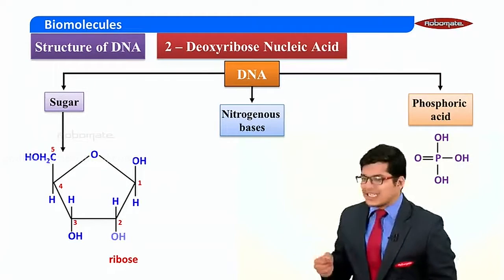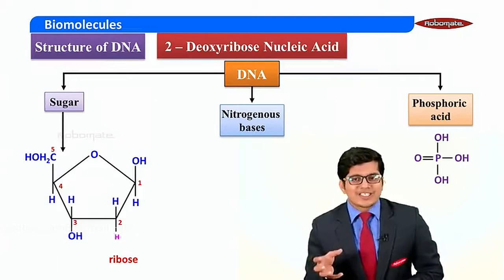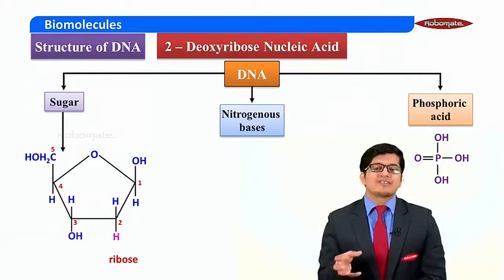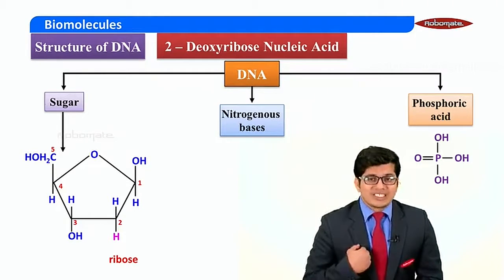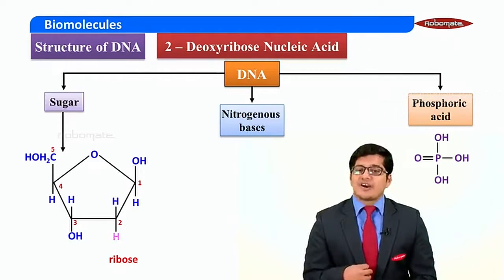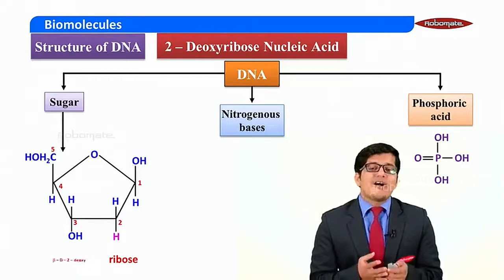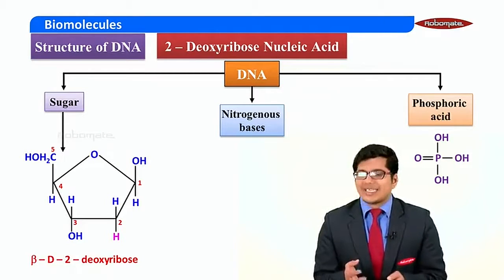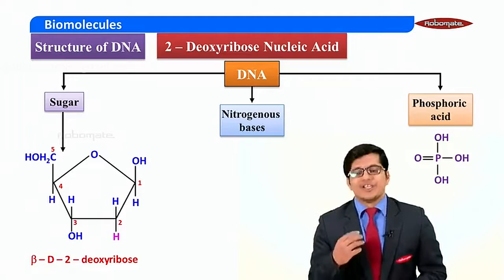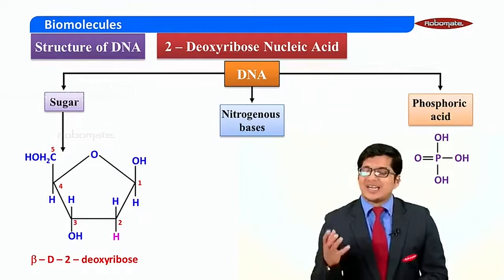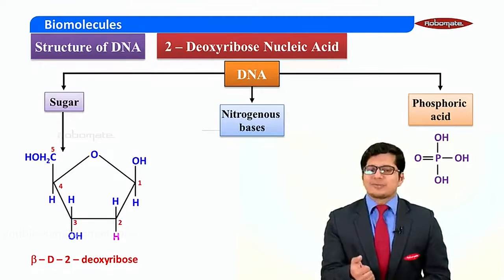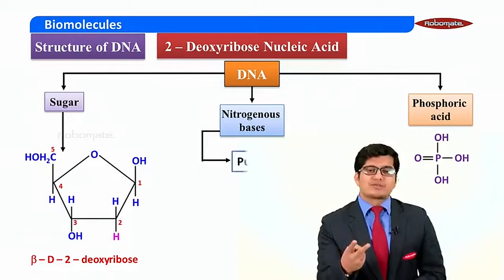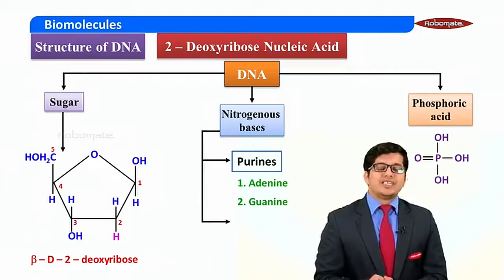So here we can see the second carbon's OH is removed and there is only H remaining now. So we have a sugar called deoxyribose, and what is it? It is 2-deoxyribose. So we have a sugar called beta-D-2-deoxyribose.